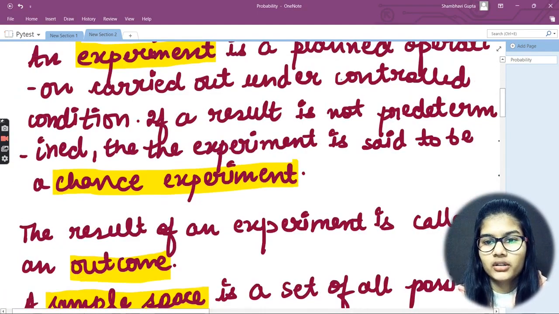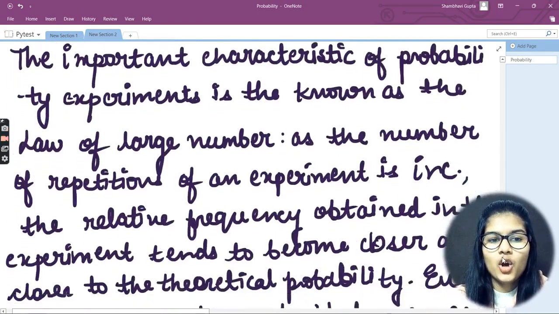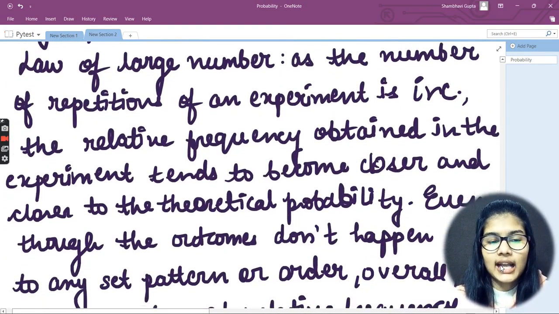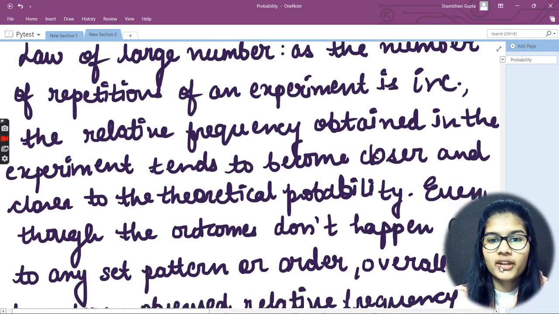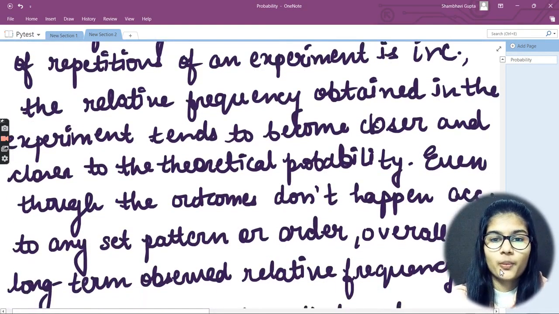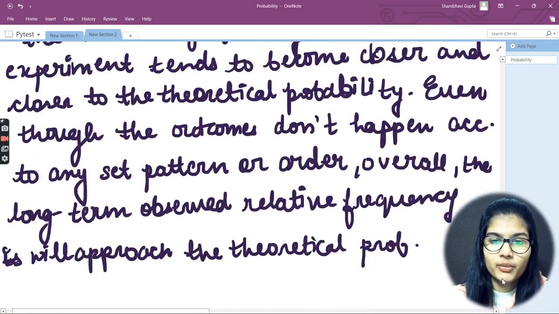This is the law of large numbers. Okay, what does it say? It says that as the number of repetitions of an experiment increases, the relative frequency which is obtained in the experiment tends to become closer and closer to the theoretical probability.